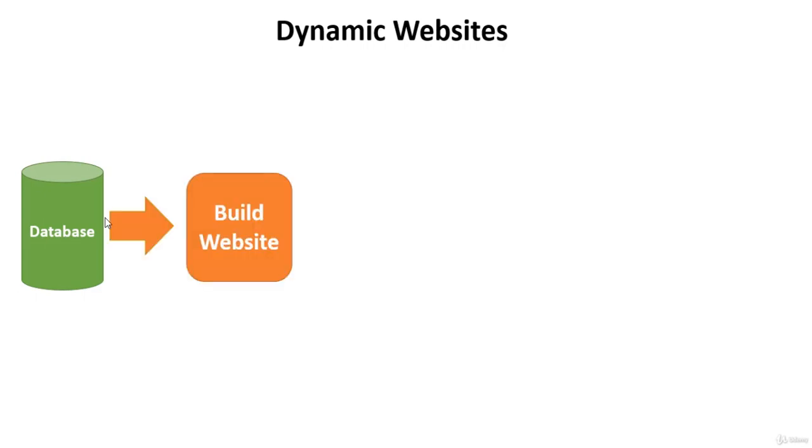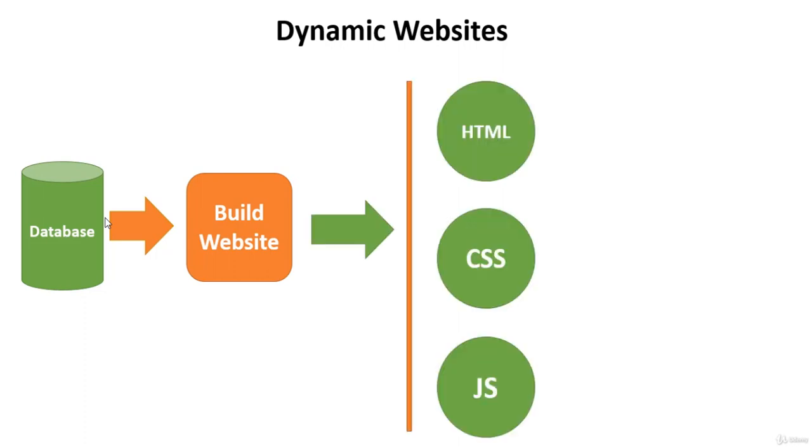So what happens is we have a database where all the data of a website is stored. Then on the server side, with the help of that database, we build a web page, and that web page is sent to the front end or client side.